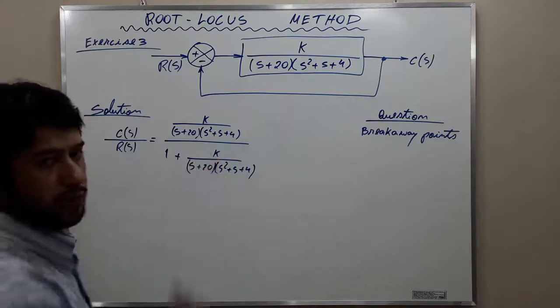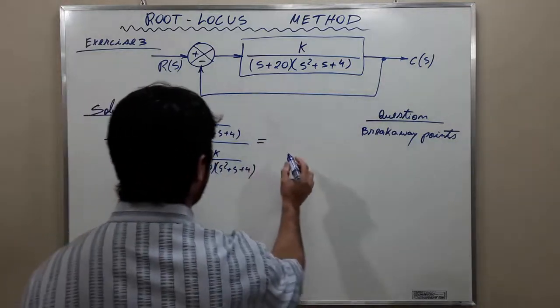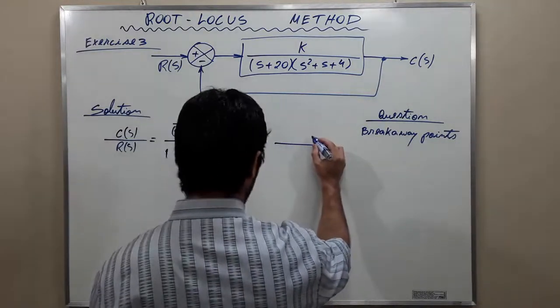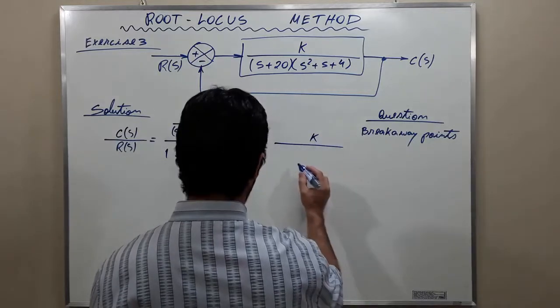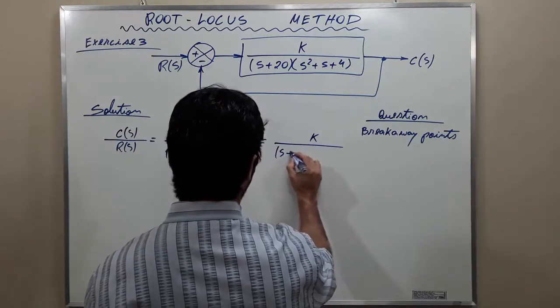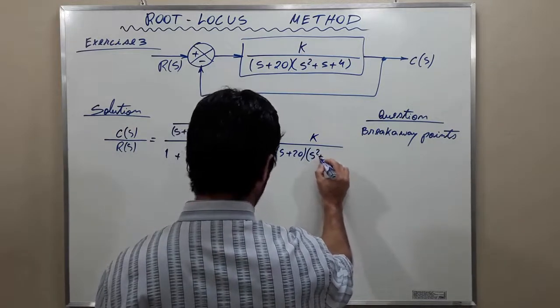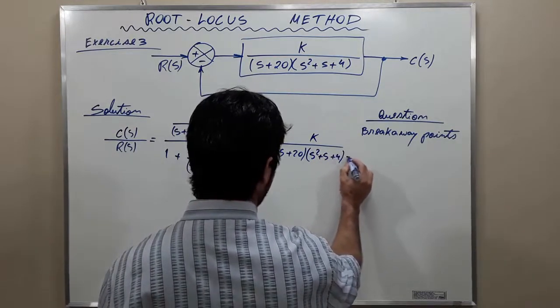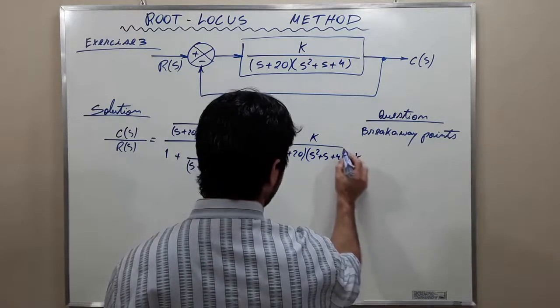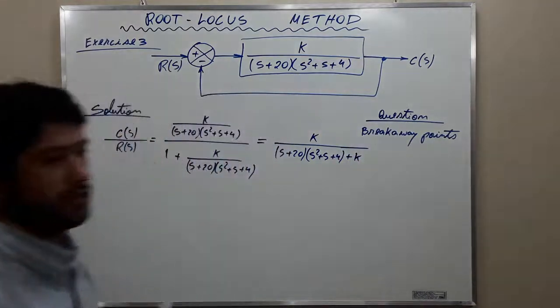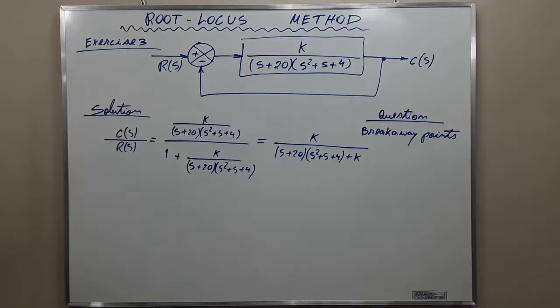And if we develop this, we get that the transfer function is K over (S plus 20)(S squared plus S plus 4) plus K. This is the transfer function. We are going to work on the characteristic equation.